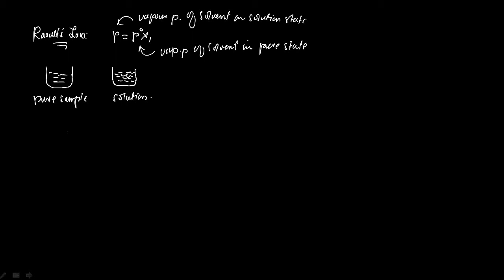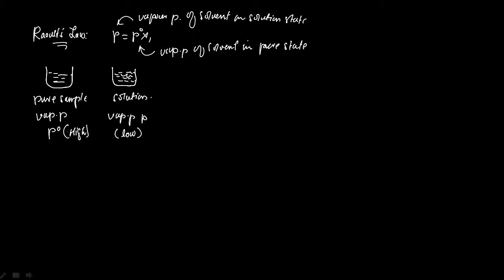So here the vapor pressure, which is P naught, will be high. In other words, the formation of vapor in this case will be high. But as far as the solution is concerned, here the vapor pressure denoted by P, according to the above expression, will be low.